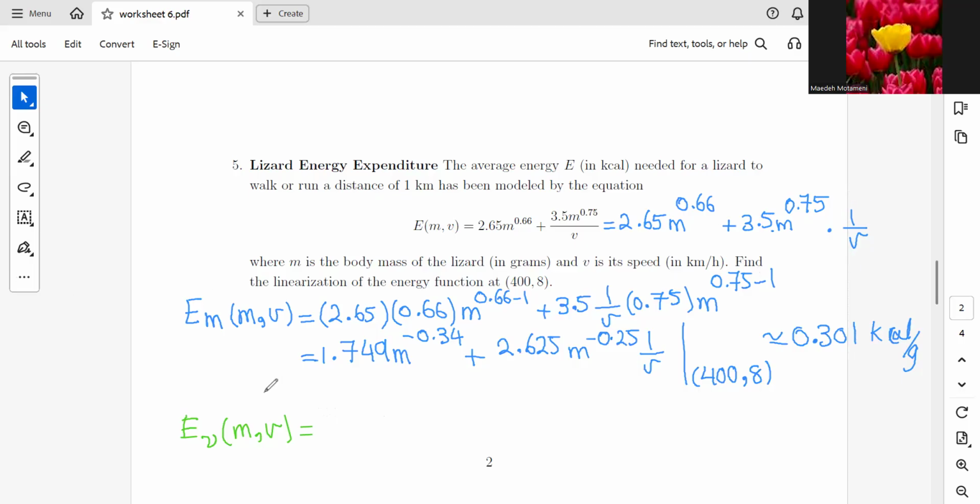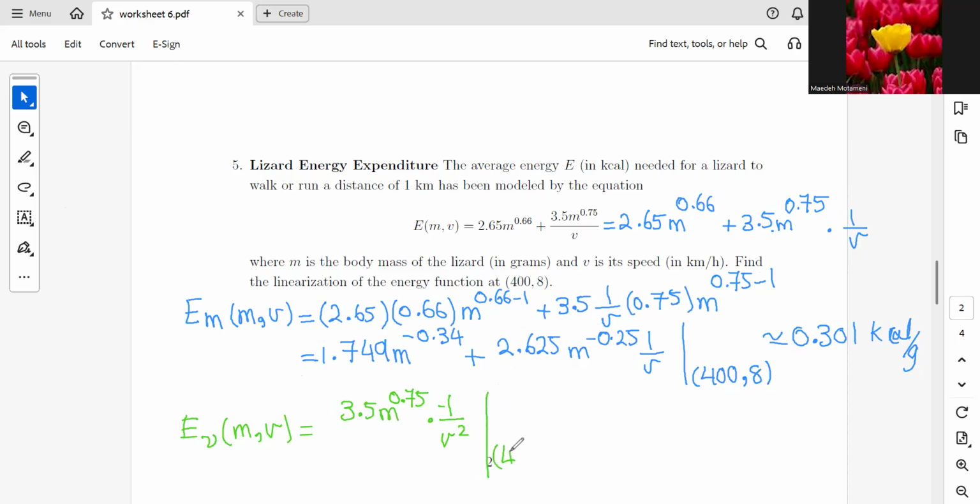So we would write the whole thing here as negative 3.5 m to the power 0.75 times 1 over v squared. Or if it helps, you may write the negative here.